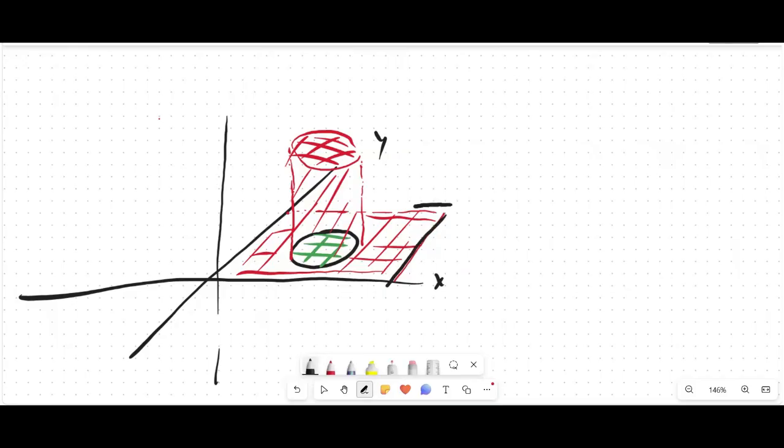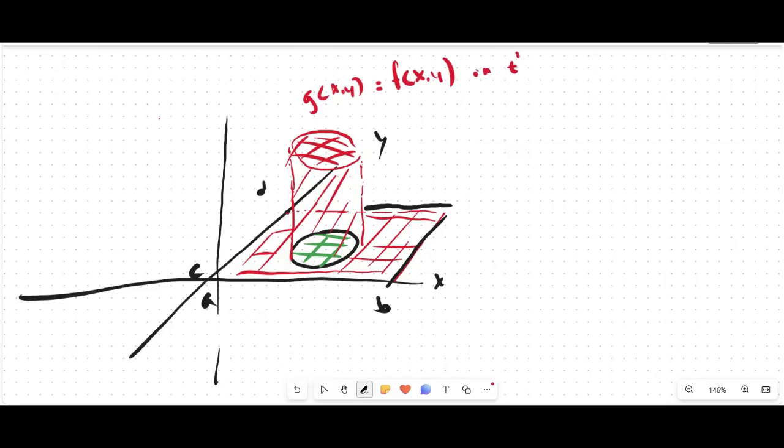And that you therefore can think of it as existing over an entire range, A, B, C, D. So let's say the red function is G, and we make a new function F where they're equal in the circle. And I'm just going to extend F by saying F is 0 everywhere else. Right? So it's piecewise defined.